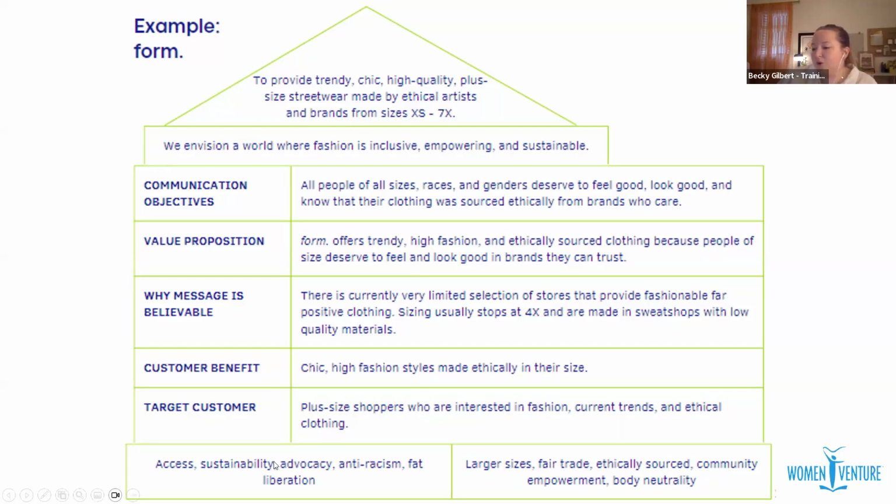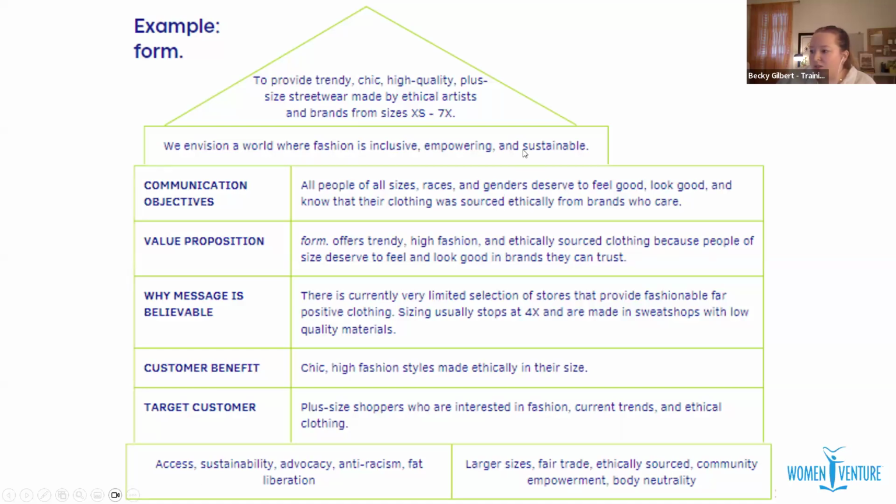And then Form has their values and their priorities here. So values is really what is important to you as a person and as a business owner. Again, this is the foundation of your brand. Your priorities are similar in that they kind of feed into this, but this is how you're going to do it. So Form is living out their values.